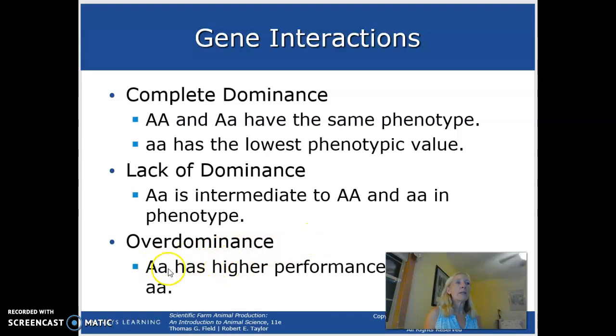And that is the reason why we crossbreed a lot of livestock, because we want this overdominance trait, because it works in a feedlot. Crossbred cattle have better feed conversion than straight bred cattle. Crossbred cattle are more resistant to disease, and it's true for crossbred pigs and all livestock species. So that combination of two breeds creates that heterozygote.